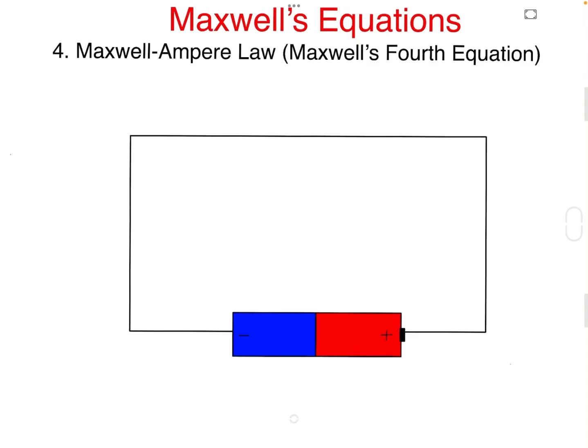All right, so imagine a simple long straight wire carrying a steady current, just like you see here in this video. The current will be going from positive to negative. This is the direction of current.